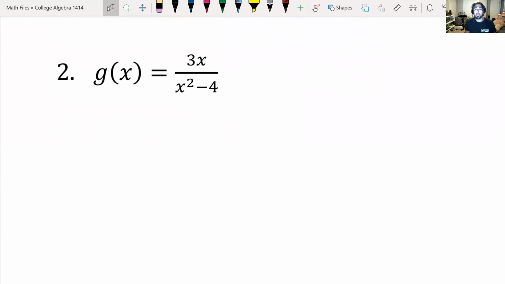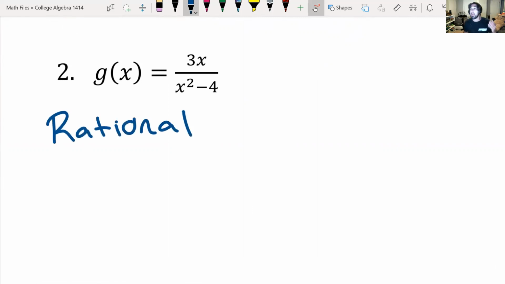2. G of x equals 3x over x squared minus 4. This is a fraction, or what we like to call a rational function. This is a fancy word for fraction.